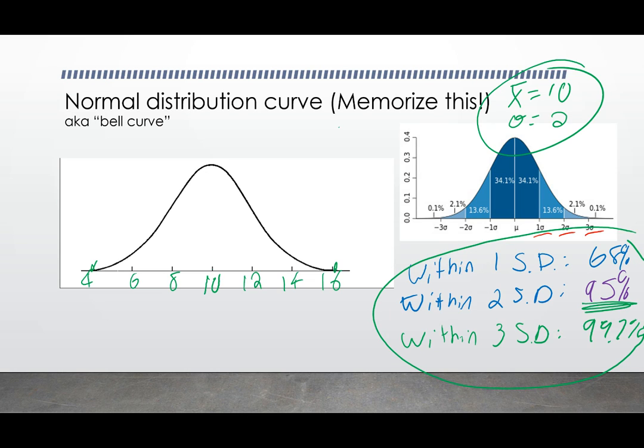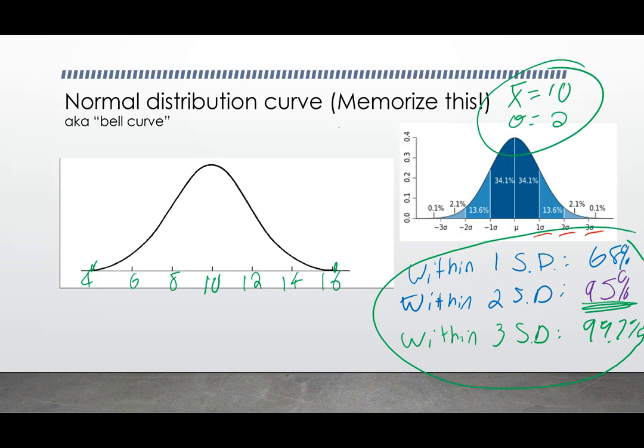Sometimes they ask weird questions on the EOC, like, what's the percent of fish that weigh more than 10 pounds? Well, because 10 is the middle, that would be 50%, because half of them would weigh more than 10 and the other half would weigh less than 10 if 10 is your mean. They ask kind of funny questions like that.